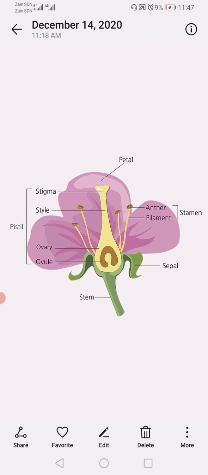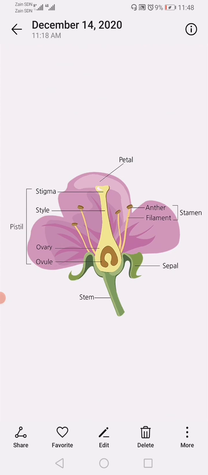And inside the anther there is pollen grain. So the pollen grain inside the anther, and the filament, represent the male reproductive organ, and this male reproductive organ is called the stamen. So the flower has a male reproductive organ and a female reproductive organ.